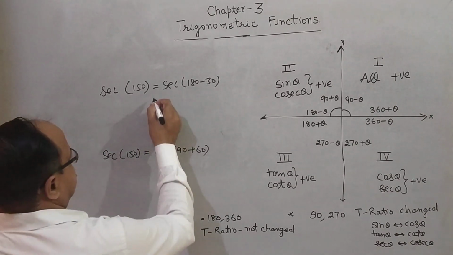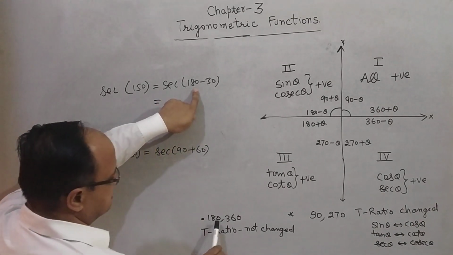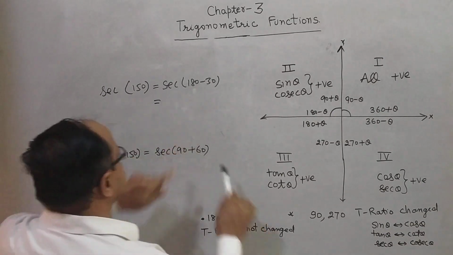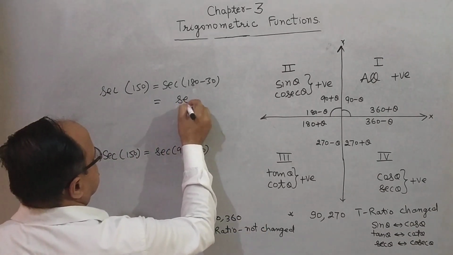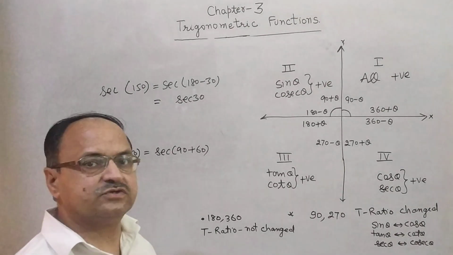Then it is a case of 180, therefore the T ratio does not change. Sec remains sec, sec 30. Now decide the sign. It is positive or negative.